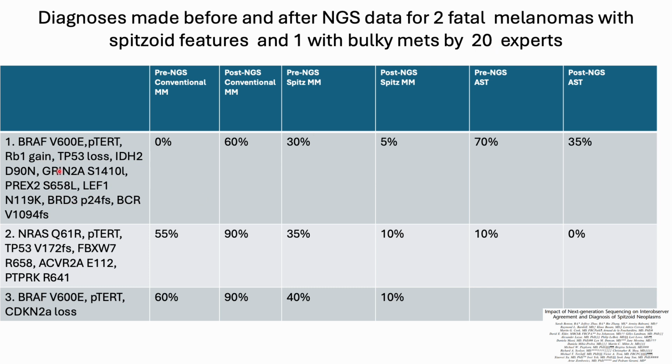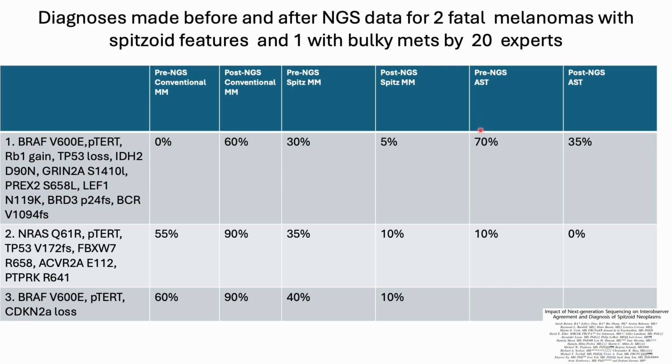So this table that I put together shows 3 of those cases where the tumours metastasized, so that we know without a doubt that they're malignant. And I've also added in the molecular information that the 20 experts were blinded to.